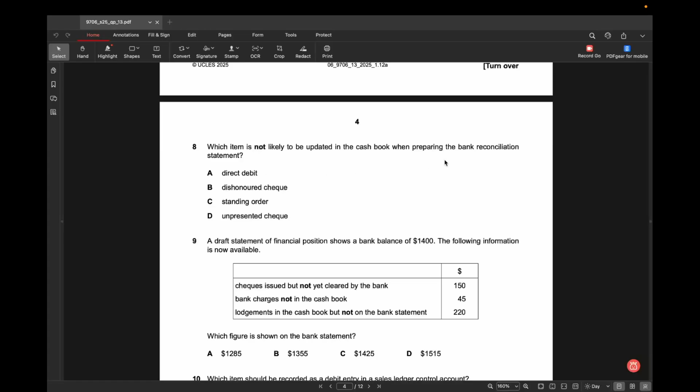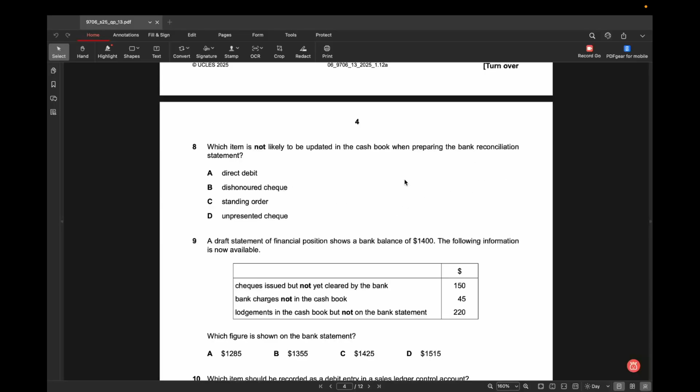Direct debit is only recorded in the bank statement and not in the cash book. Okay, so direct debit means it is directly deducted from my account. I have some charges to pay, so the bank has directly debited that amount in my account. Then the dishonored check. The dishonored check is also recorded in the bank statement.